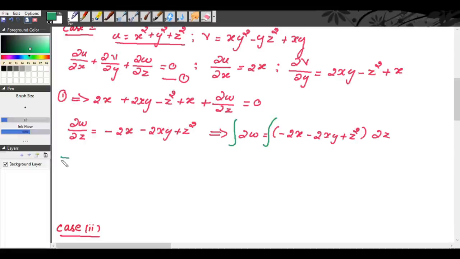So what we get, while integrating with respect to z, is w equal to minus 2xz minus 2xyz plus z cube by 3 plus our constant of integration.